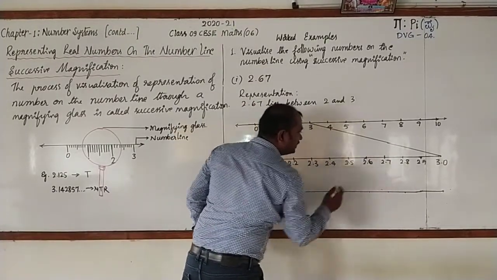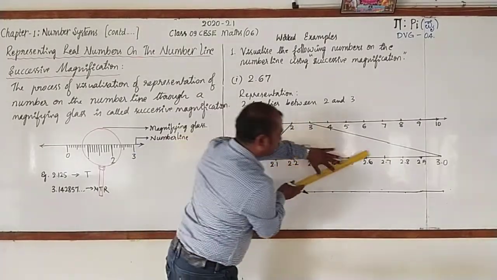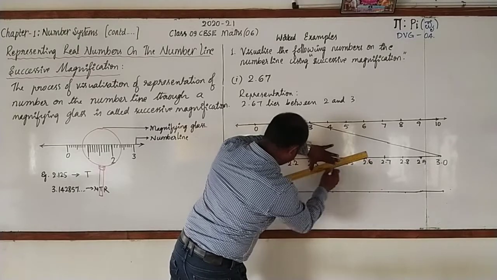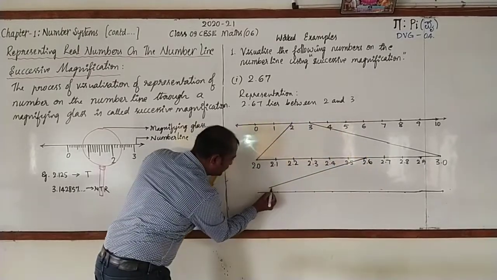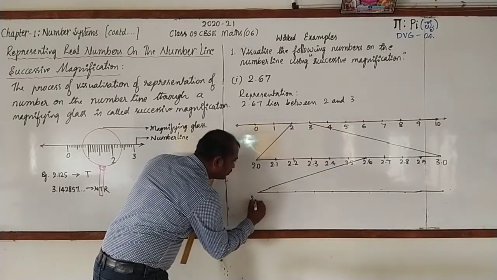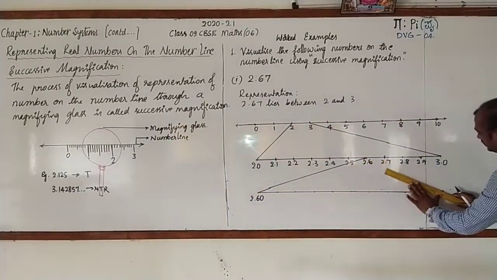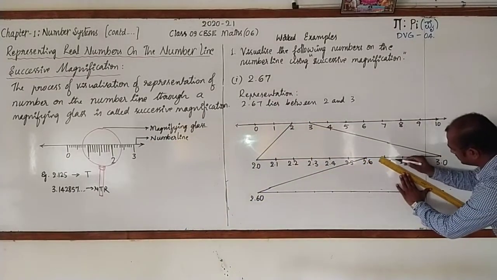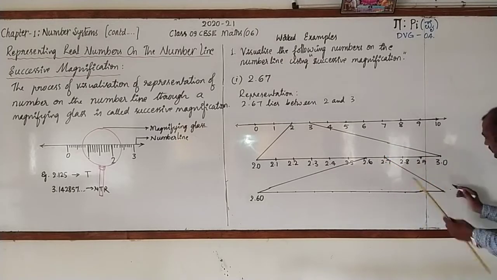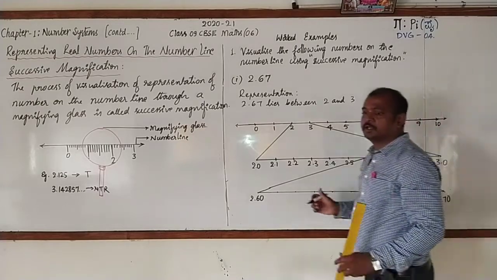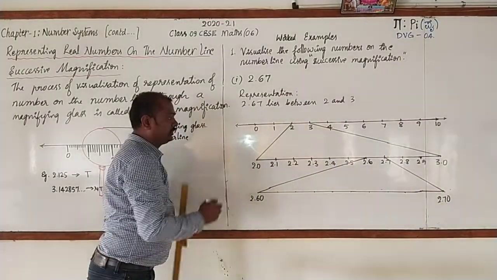I am going to take these two. From the initial point, this is 2.60. Next, here, 2.70. Now between these, again some divisions are there.